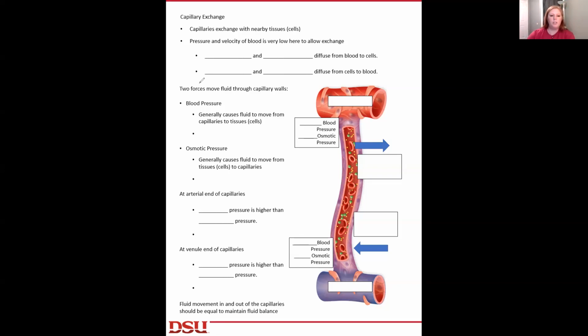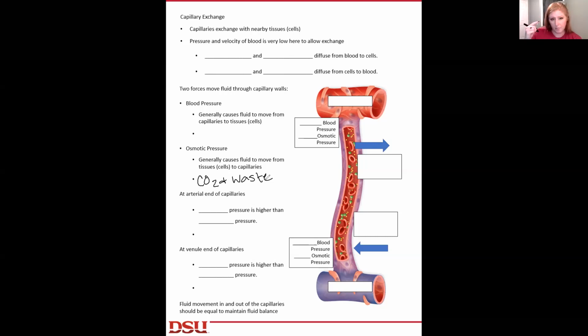And the osmotic pressure is going to cause the opposite. I know that my stuff is gone that I wrote up here, but the osmotic pressure is going to generally cause the carbon dioxide and waste to move from the cells into the capillaries.